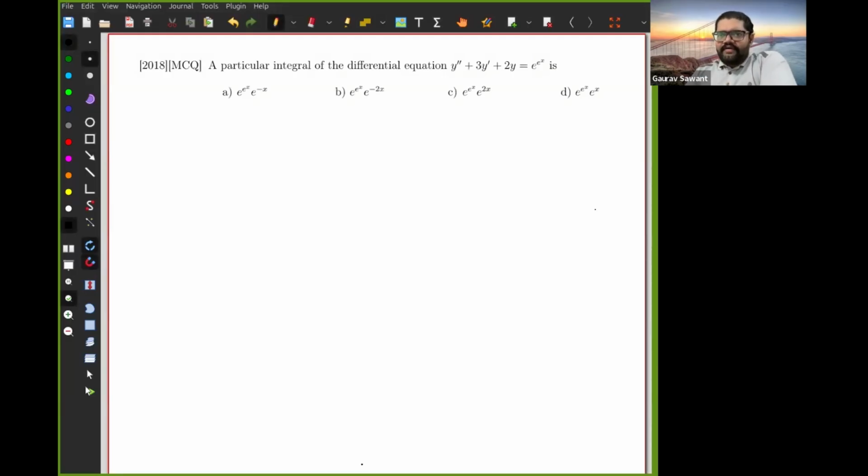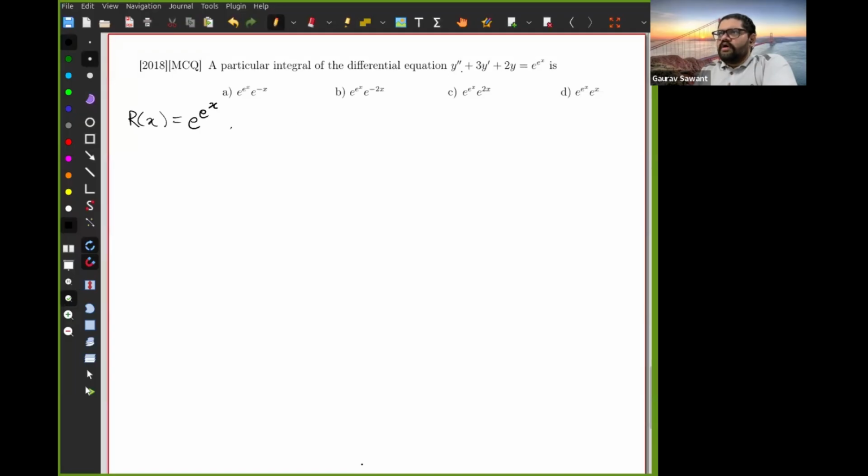So you have e power x, all right, and our differential equation is y double dash plus 3y dash plus 2y on the left hand side equal to e power x.